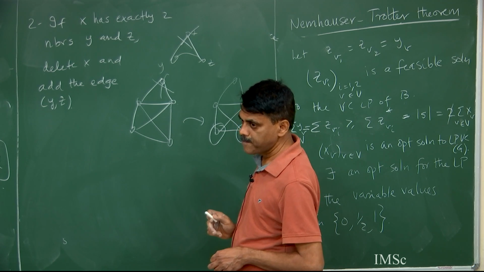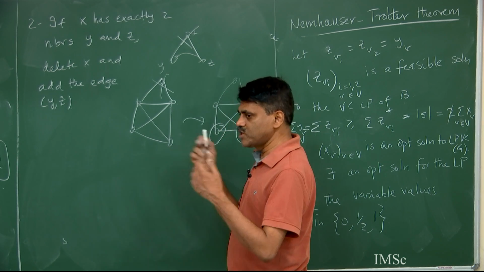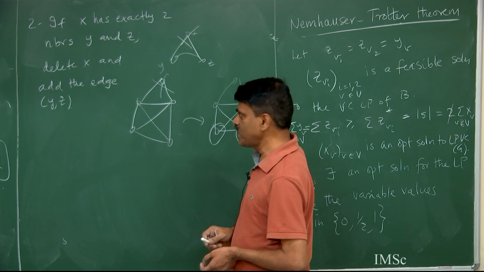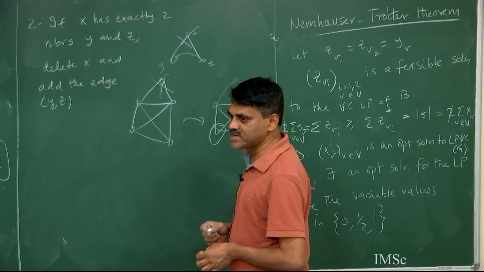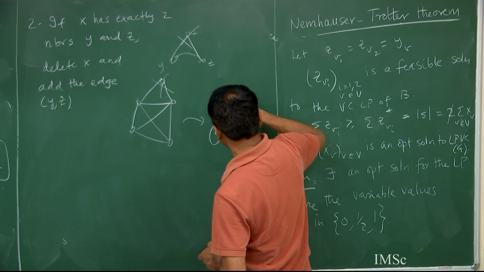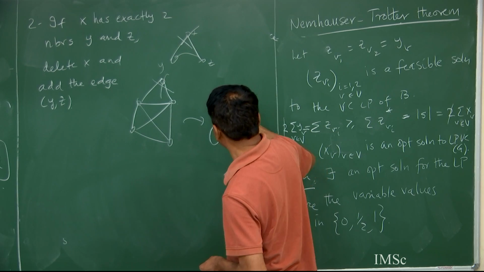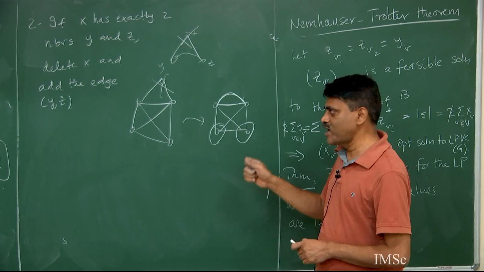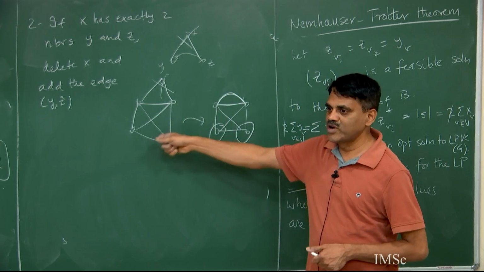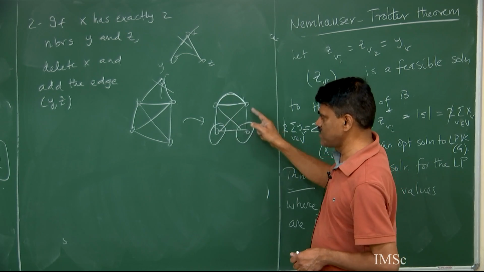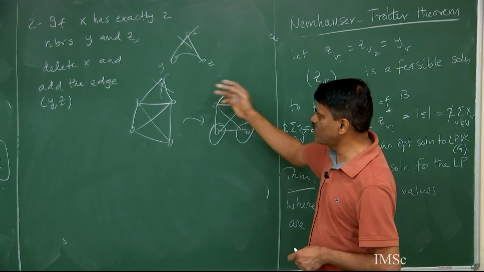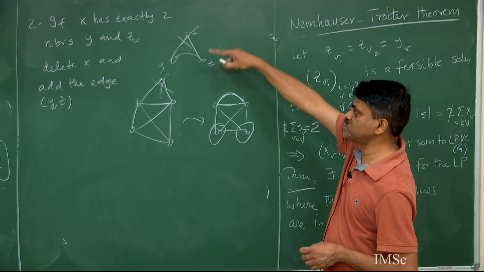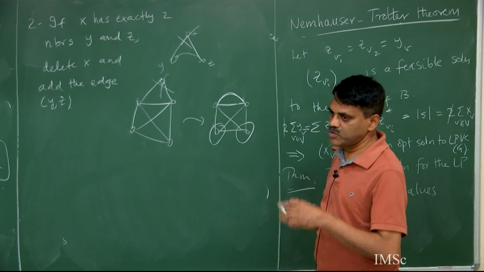This already exists there, add that edge also. Now your graph will become a multigraph, that's okay, because then I preserve the cycle structure. So in this case, it will be like this. This cycle is captured in this reduced graph. Now you can argue a size k solution exists if and only if there is a size k solution, because this 2-cycle has to be covered, which is equivalent to covering this 3-cycle. So, exactly two neighbors Y and Z, delete X and add the edge YZ.